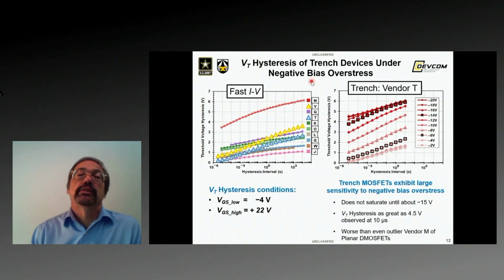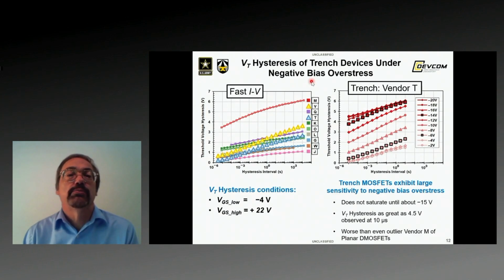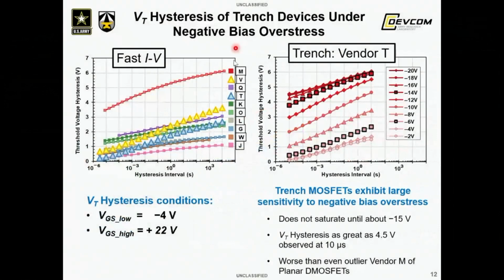Now, next thing we want to do is discuss investigation of negative bias overstress in trench devices. And the results I'm showing in this section are true for both devices from both trench vendors. So in this data set on the left, the conditions of the hysteresis were -4 on the low side and +22 on the high side to ensure that all devices were within spec when we were comparing one with another.